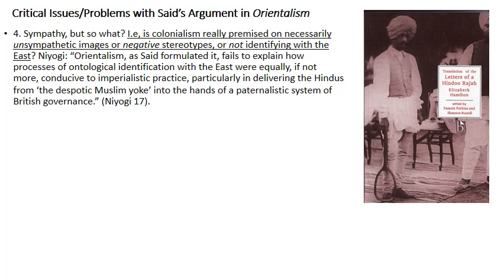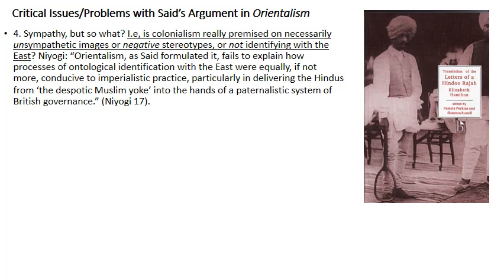But what this means is that, hey, you guys are suffering under these despotic Mughal rulers. Let us deliver you of this. We will give you better governance, better rule. So simultaneously you have colonialism championed not through negative stereotypes or unsympathetic images, but through sympathetic images.